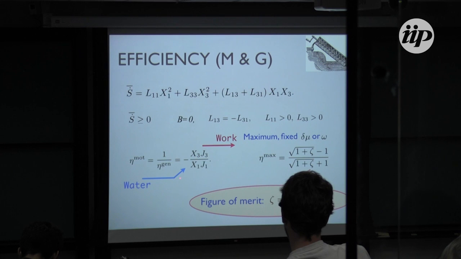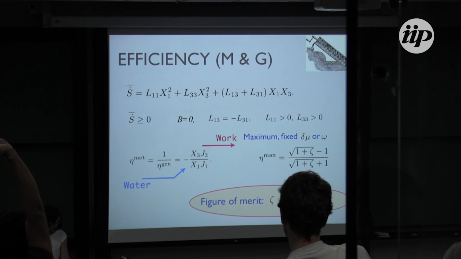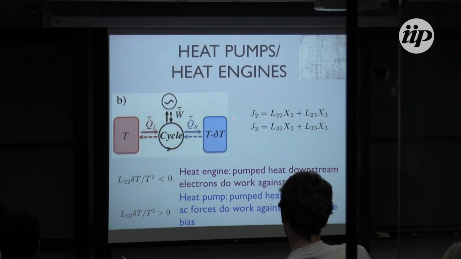And as in the case of usual thermoelectric, fixing delta mu or omega in this case, we can parameterize the maximum efficiency in terms of this quantity, which is a figure of merit, which also depends on the transport coefficients of this problem. And the same thing happens with the case of the heat engines or heat pumps.